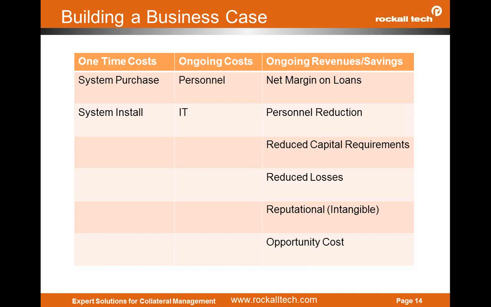Clearly this leads to building a business case. Obviously the cost of doing this will be the one-time cost of installing a system or building the capability. The ongoing costs are obviously personnel to manage it and IT, but the benefits are clear. Increased loans means increased margin.